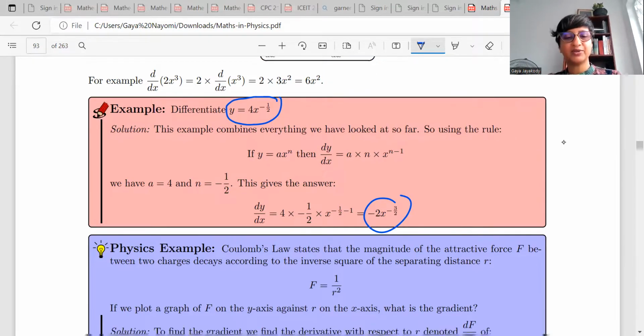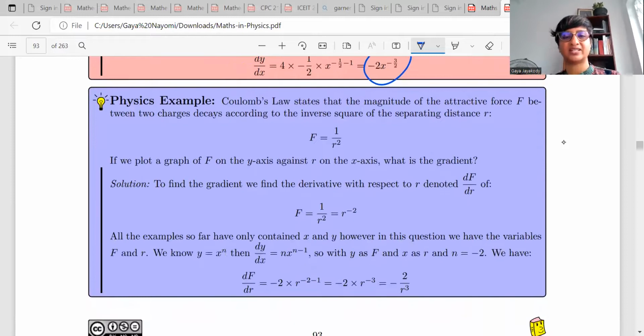Okay. And here you have an example, a physics related example. If you know Coulomb's law, it describes how the force of attraction between charges diminishes with the distance between the charges. So there is an inverse square relationship. F, the force, is a function of the distance between the charges.